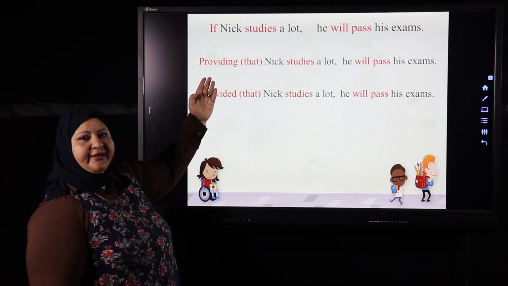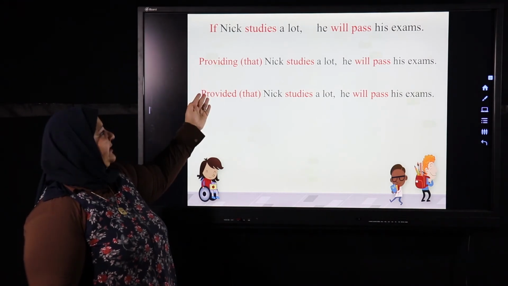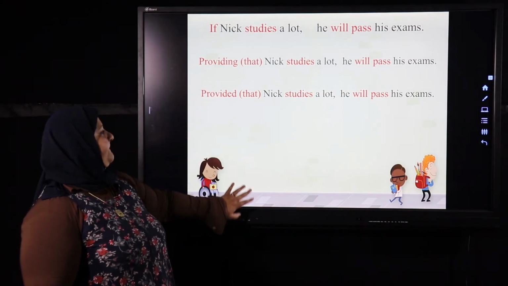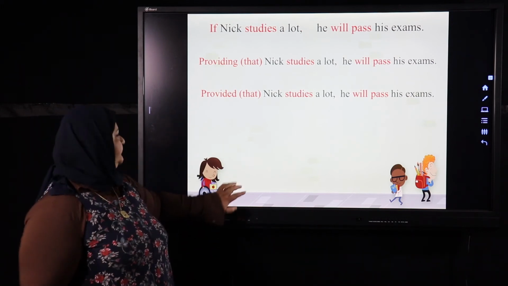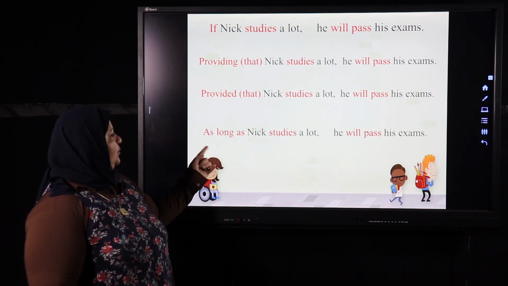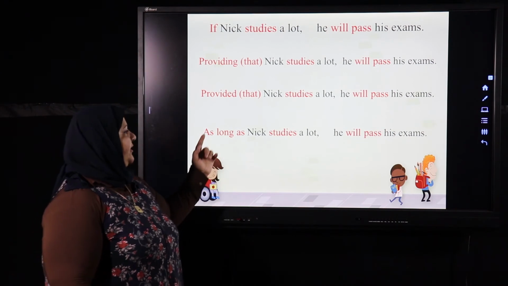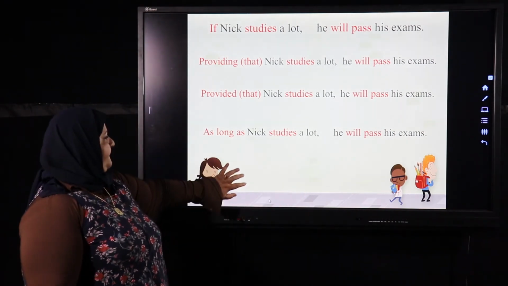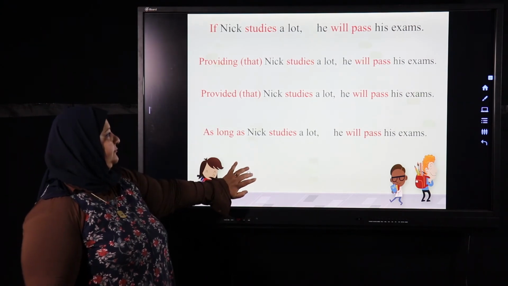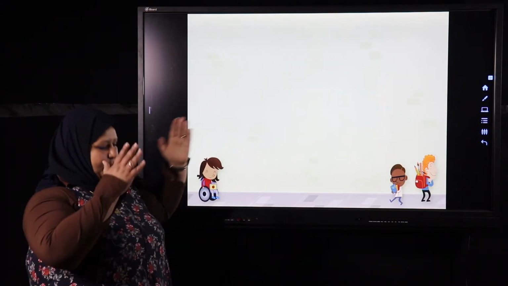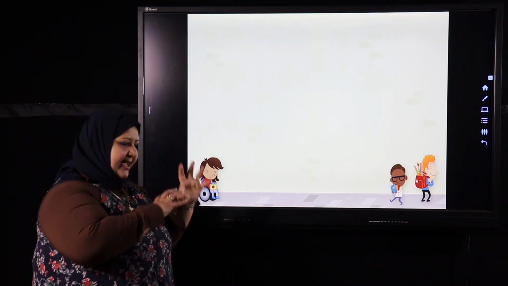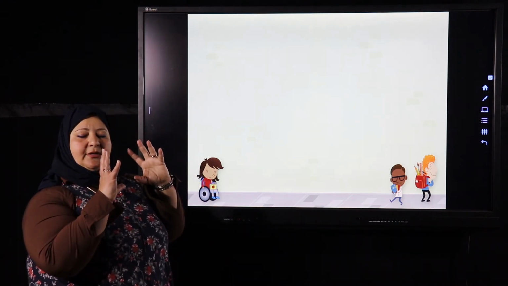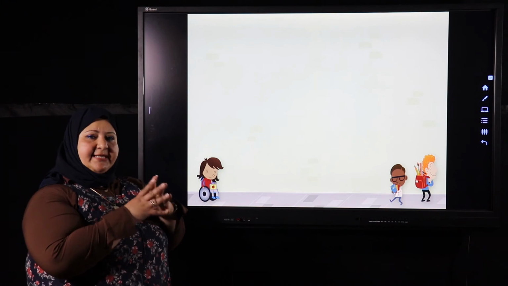So we removed if and added instead of it providing that or provided that. Also, as long as Nick studies a lot, he will pass his exams. After as long as, providing that and provided that, the tense is present simple.